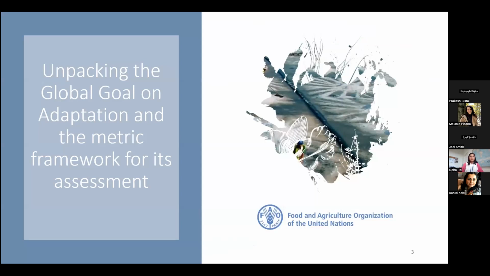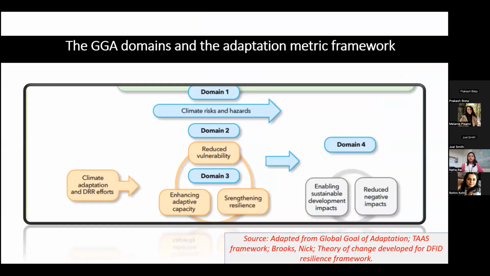But before we delve into the specific metrics and the corresponding agriculture-specific SDG and indicators, I think it's crucial to unpack the domains of the global goal and adaptation, which often gets neglected. And this is what is the foundation of the metric framework, which FAO has tried to propose, which can be universally applied.